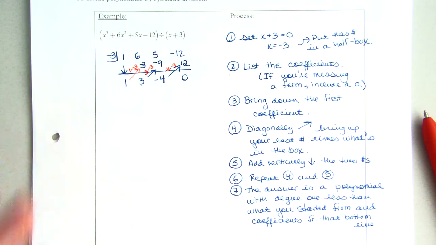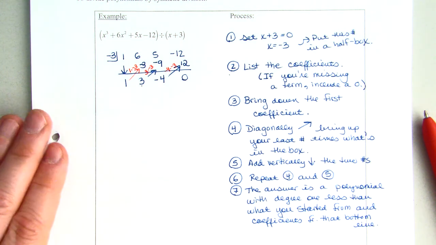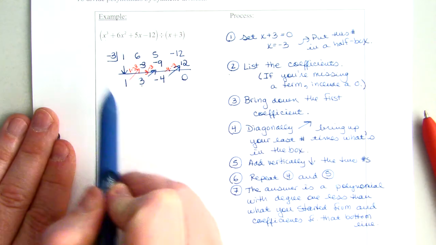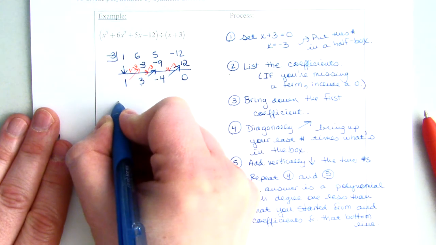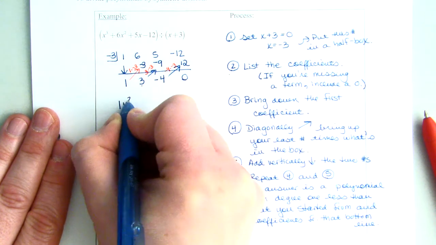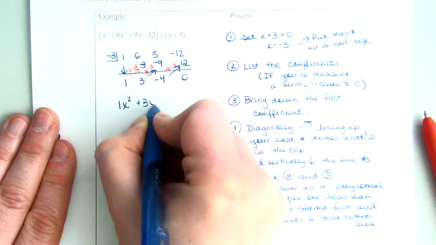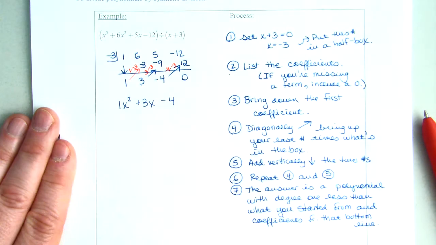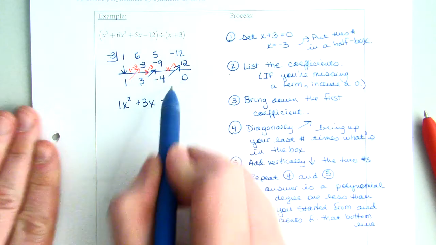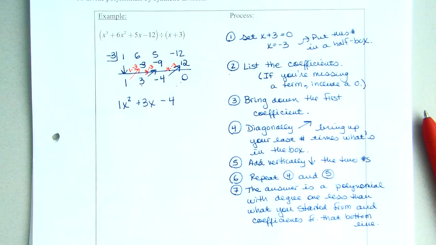The answer is a polynomial with degree 1 less than what you started from, and coefficients from that bottom line. I started from a cubic, my answer is a quadratic. My answer is going to be 1x squared plus 3x minus 4, and if this was a number, it would be my remainder. I'll make the video pause so you can finish getting any of those notes.